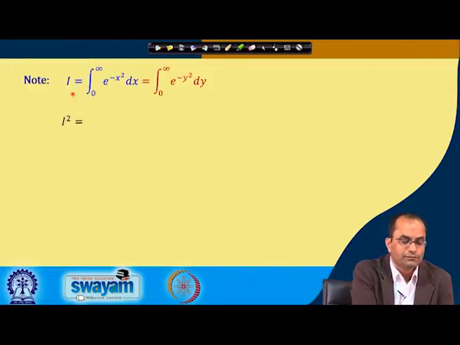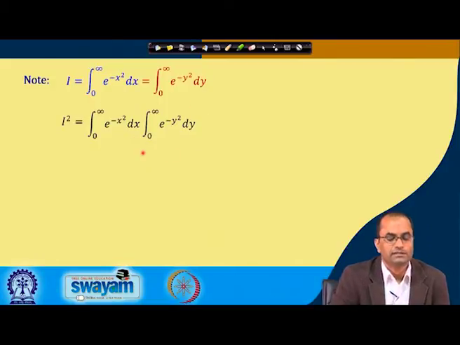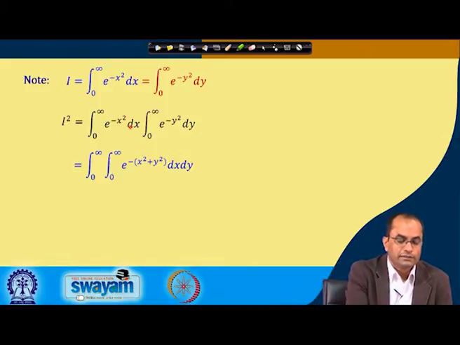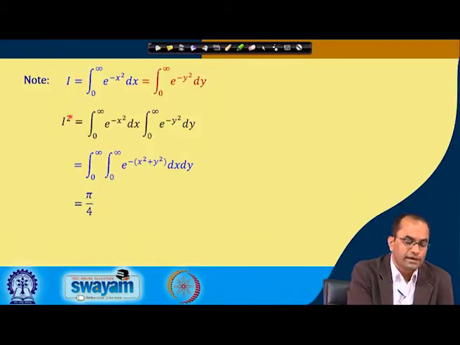We consider the product of these two integrals, that means 0 to infinity e power minus x square dx and 0 to infinity e power minus y square dy, and this we can also write as the double integral of e power minus x square plus y square dx dy, and we know the value of this integral, previously computed, it is pi by 4, so I square is pi by 4.